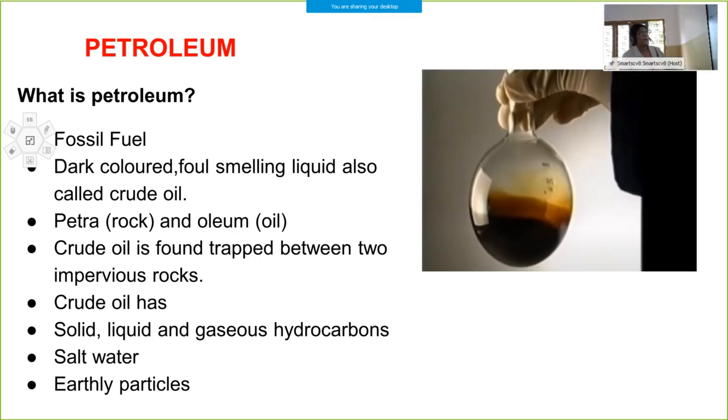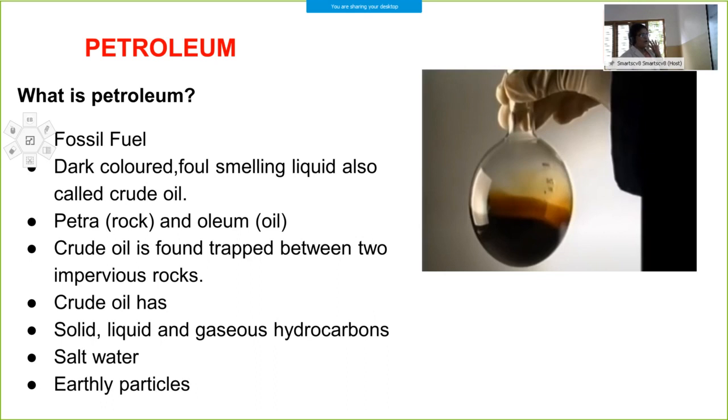So what is petroleum? Petroleum is a fossil fuel. It is obtained from the dead remains of plants and animals which lived millions of years ago, mainly from sea organisms, microorganisms which are present in seas and oceans. It is a dark colored, foul smelling liquid also called crude oil.